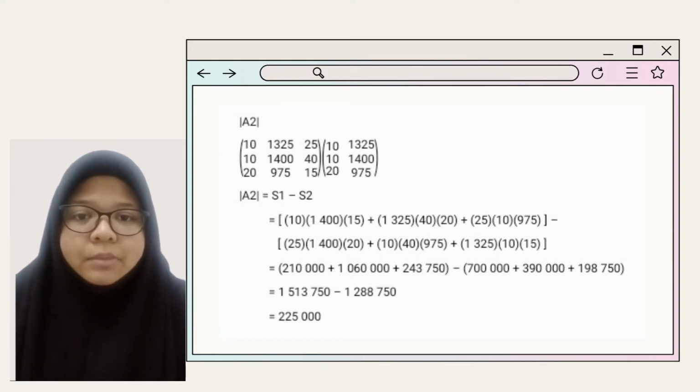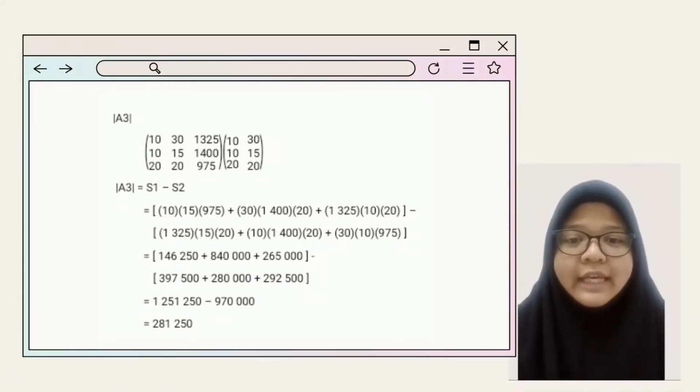In order to find the determinant of A, we need to use Cramer's rule. The formula is S1 minus S2. S1 is 31,250. S2 is 20,000. So the determinant of A is S1 minus S2, and we'll get 11,250.